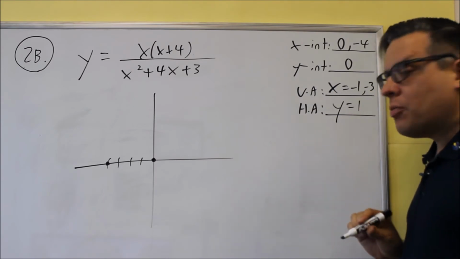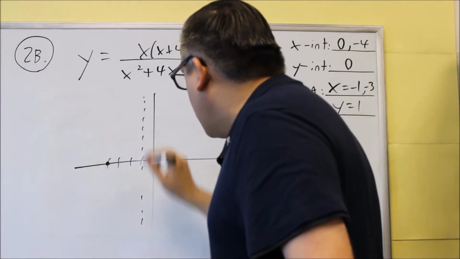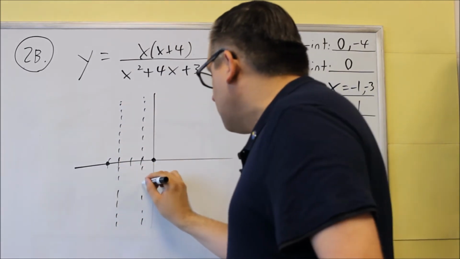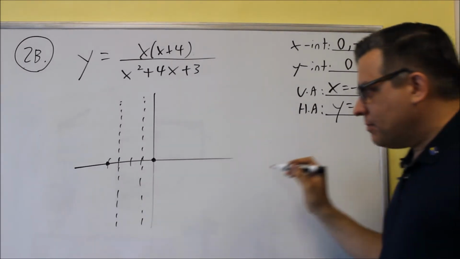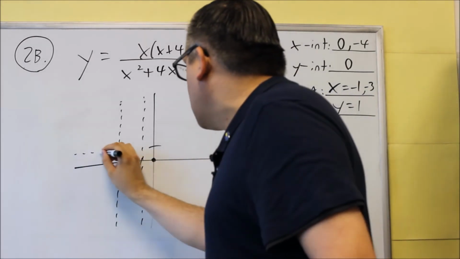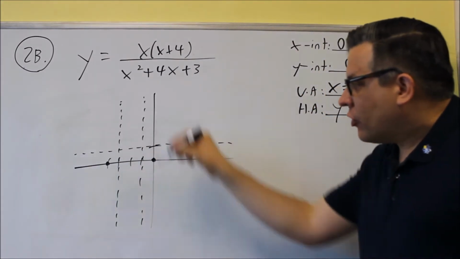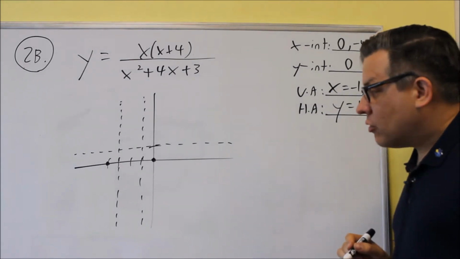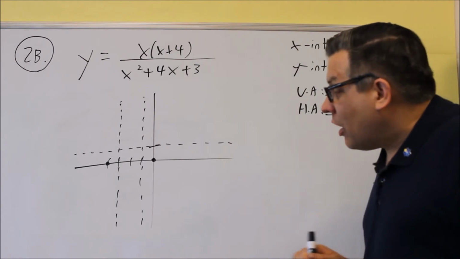For the vertical asymptotes, we're going to have one at negative 1 and another one at negative 3. This time the horizontal one is at 1, so we're going to show that with a horizontal line crossing through at 1. So now we've got our verticals with x equals and horizontal with y equals. We're going to take a look at this, and now we're going to fill in the graph.